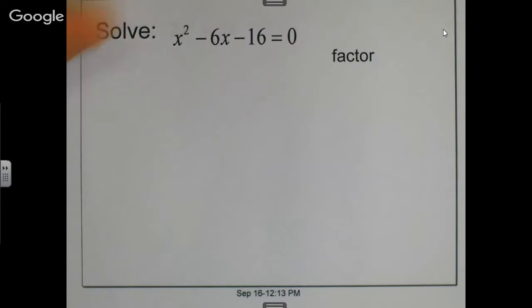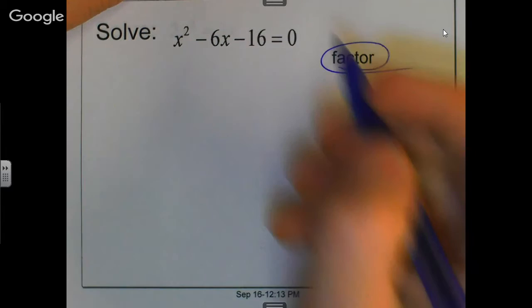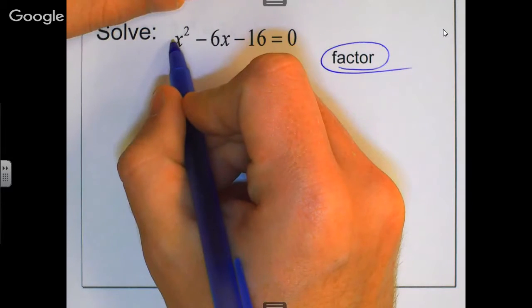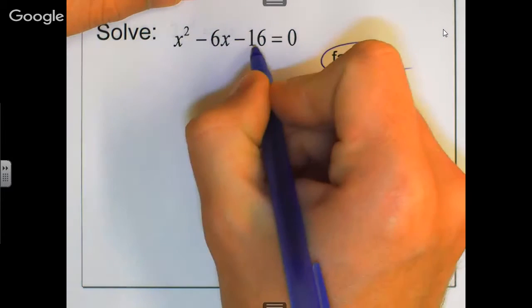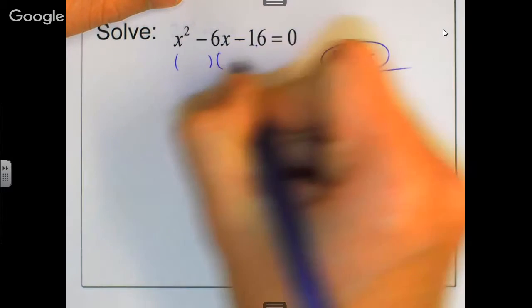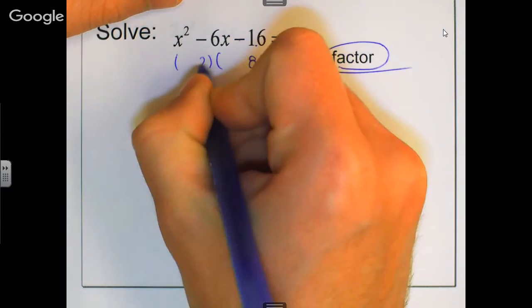So we're going to solve these next couple by factoring. Going through the process of factoring, we look for the greatest common factor and the rainbow method if we need to. This is just a simple one here. I've got a 1 here, so that's good. No greatest common factor, so we just need factors of 16 that subtract to 6. That's 8 and 2.